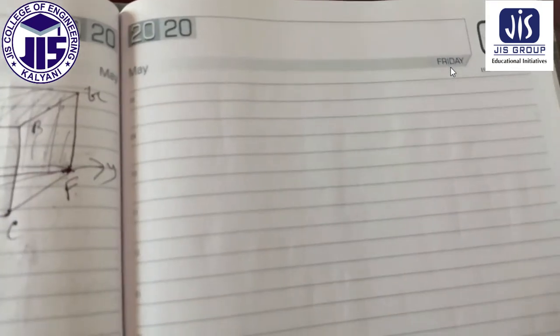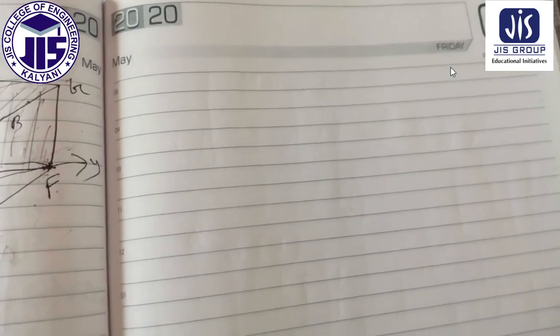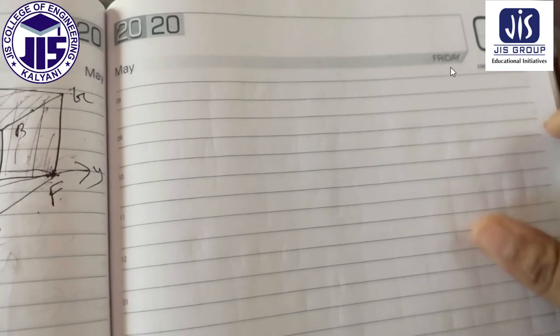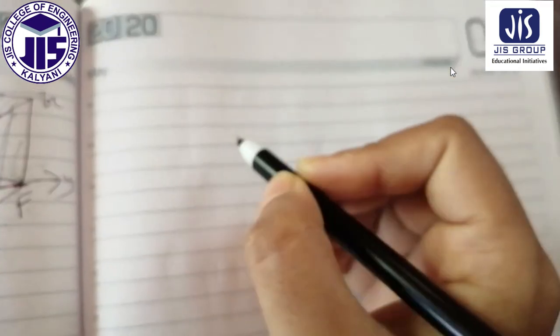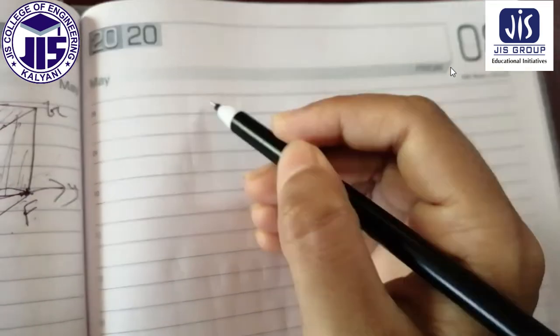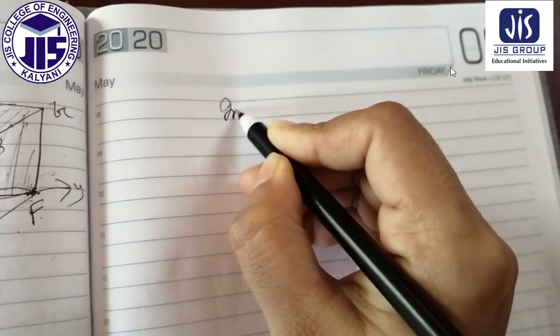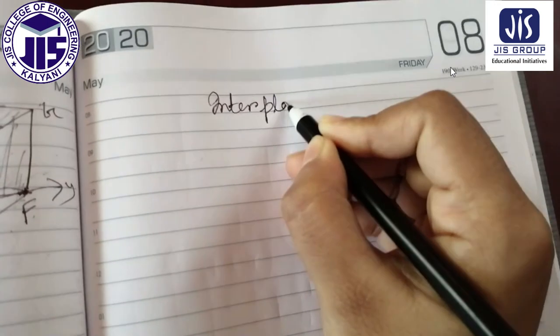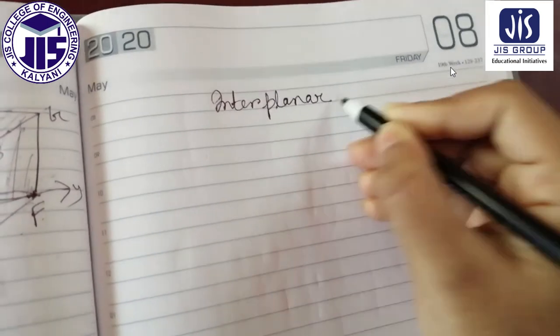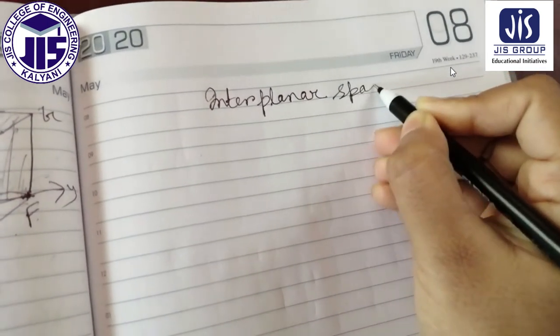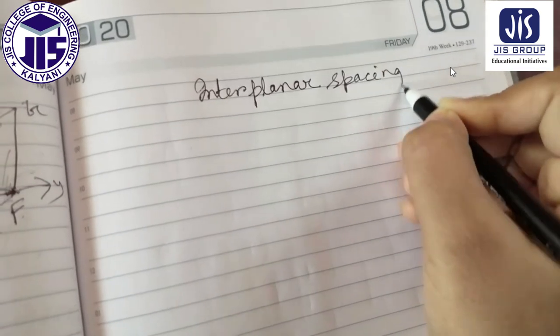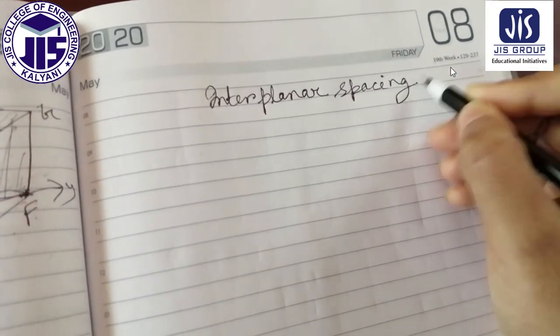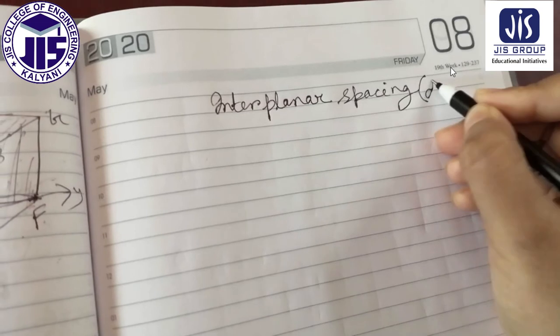Today we are going to derive an expression, the expression of the interplanar spacing. This is interplanar spacing, whose standard notation is d.